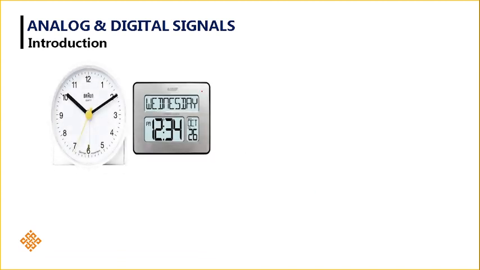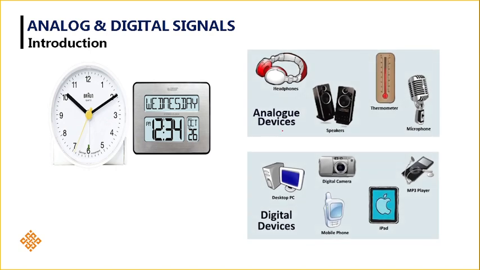Here I can show you some pictures. These are all related to analog and these are all digital. Here you can see some analog signals that can be transmitted through headphones and speakers, and these are some digital watches, just to show the different devices and how analog and digital data is transmitted.